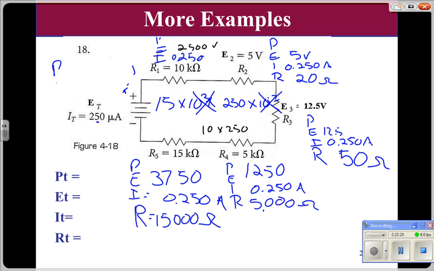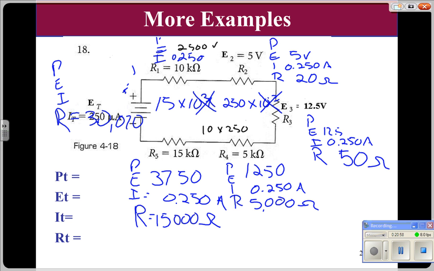So P, E, I, R, and we have 30,070. Is that correct? Okay, and we still have 2,500 microamps. Oh, shoot. I've been doing it in milliamps. Microamps is 0.00025.